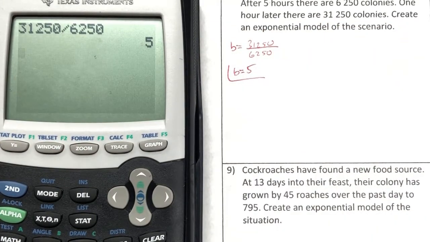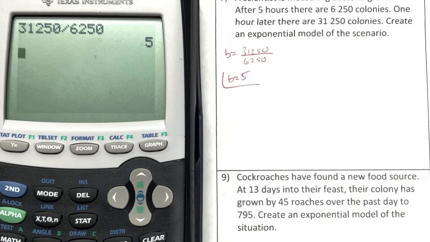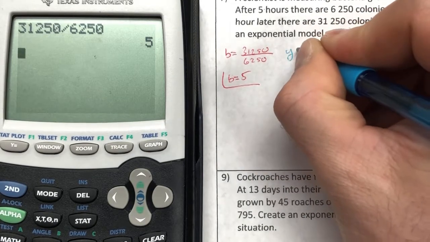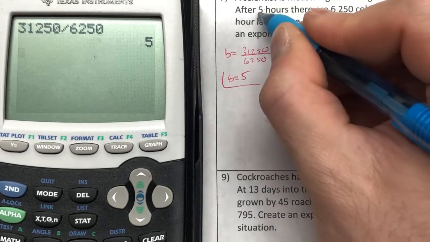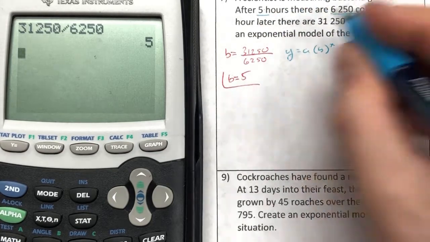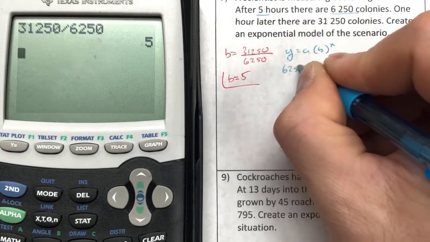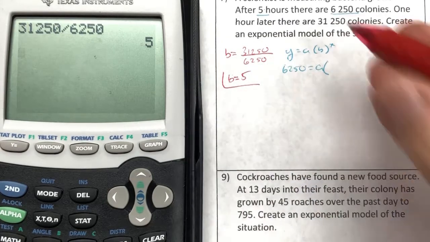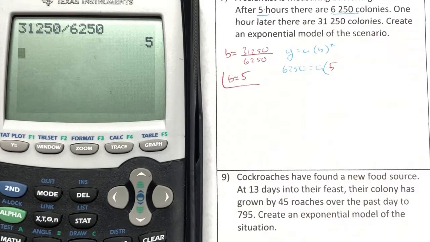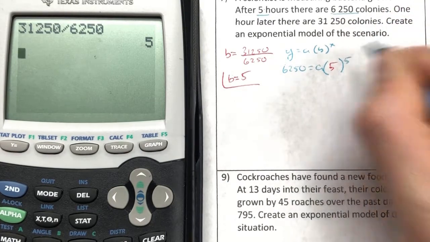Awesome. Next, I'm going to use that as part of my model. I'm going to use this as my X and this as my Y. So 6,250 is the result of some unknown starting value, multiplying by 5 every hour after 5 hours.